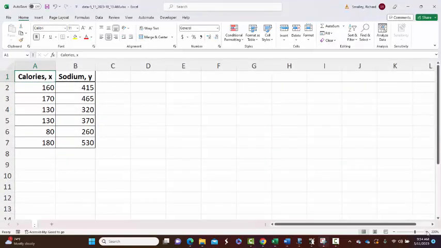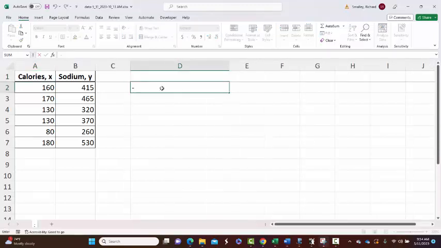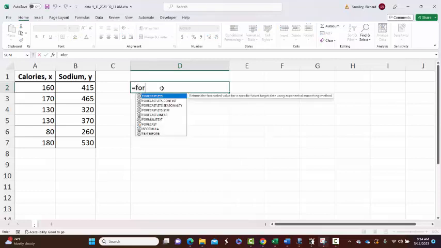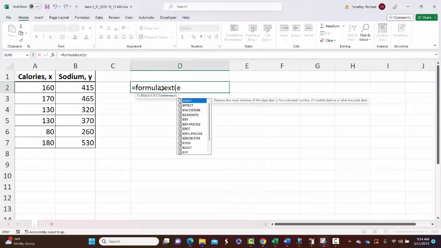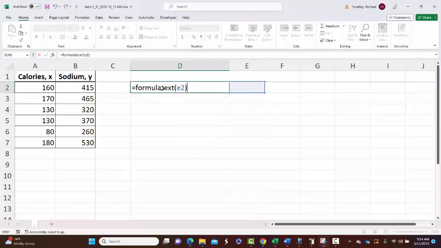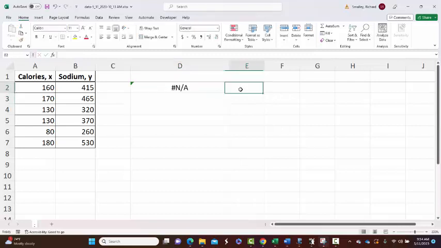All right, so we're looking to see if sodium is a function of calories. All righty, so get my formula text in here. E2. And I'm going to do slope first.